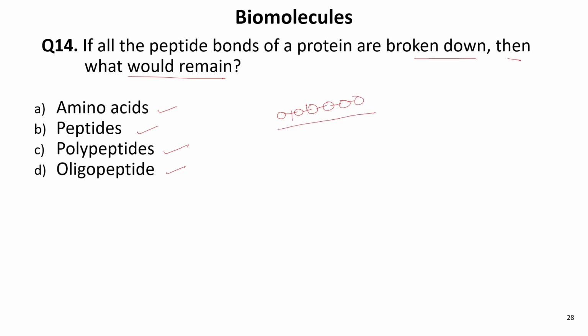And when these bonds are broken down, our polypeptide structure is degraded. So this is incorrect. Oligopeptide: 1 to 10 amino acids unite together to form an oligopeptide. So this is also incorrect. All the peptide bonds are broken down, so 1 to 10 cannot be formed.